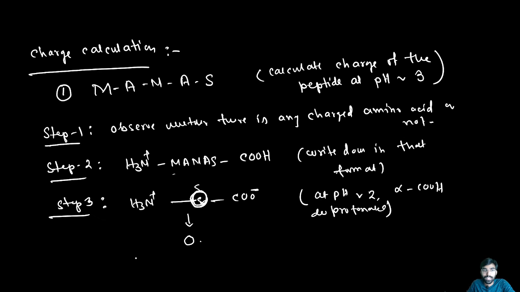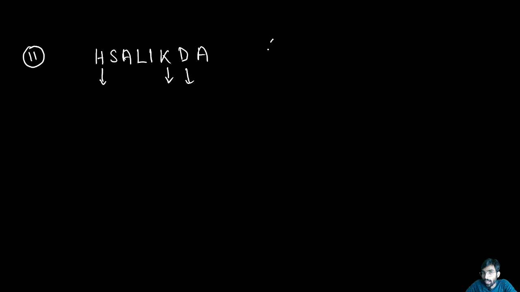You can try a few things and suppose charged amino acids. Okay, H S A L I K D A for this peptide. What you have to see, few amino acids are charged here. First thing, the histidine charged. Generally, the lysine and aspartate. It's possible. Now it depends on at what pH.